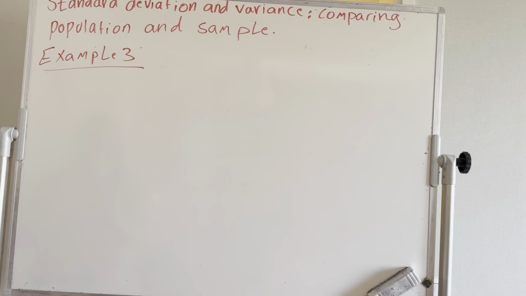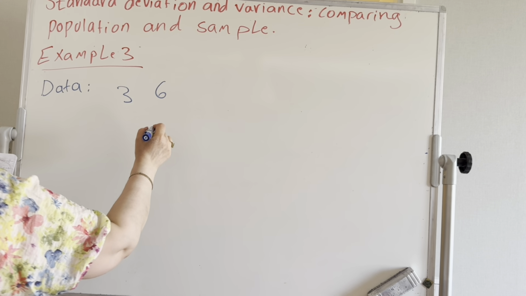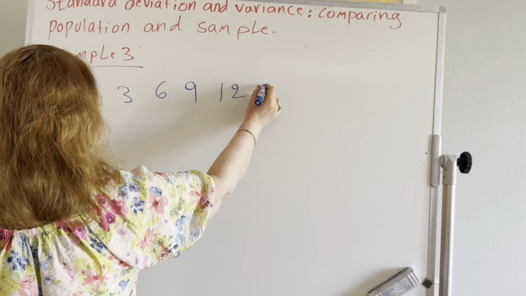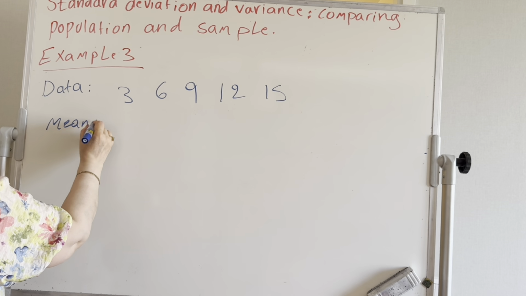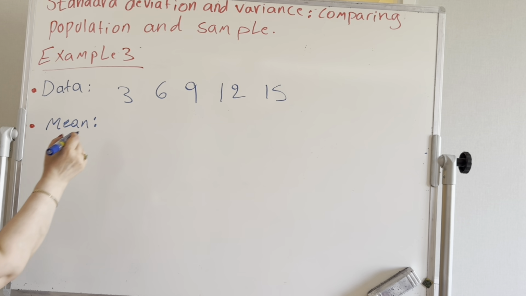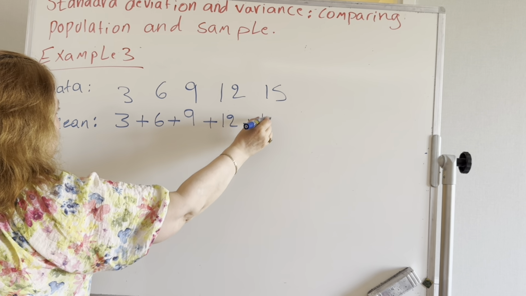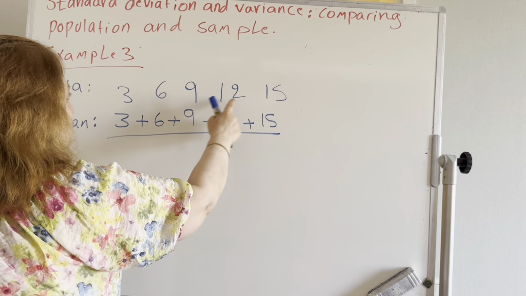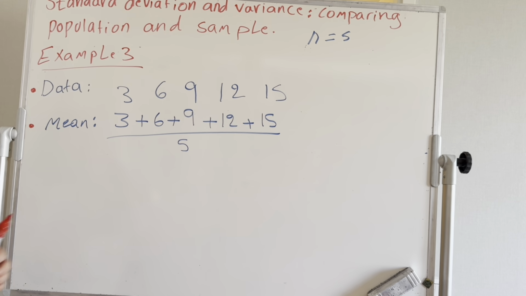Number 3, data: 3, 6, 9, 12, 15. The mean equals 3 plus 6 plus 9 plus 12 plus 15, divided by n. N equals 5, five numbers in my data.